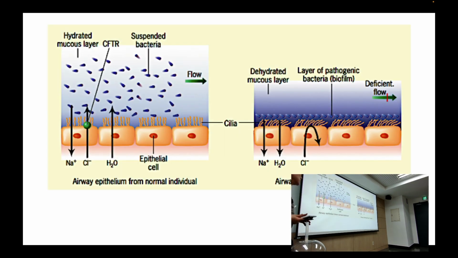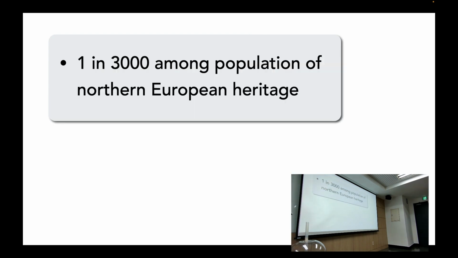This is another diagram illustrating the difference between normally functioning CFTR versus malfunctioning CFTR. And as we went over, this will be another recessive mutation. The reason why we get to see this particular incidence of CFTR so many times, although in the Asian population the mutant frequencies are so rare.